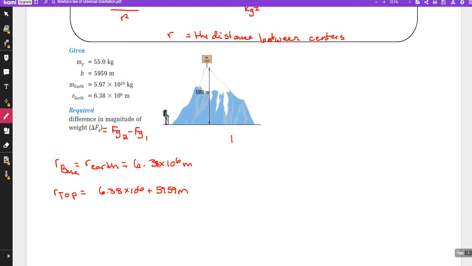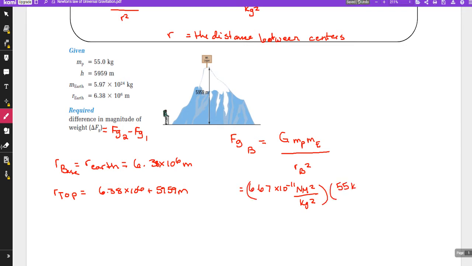let's set this up. We have Fg at the base, which is equal to the gravitational constant, the mass of the person, the mass of the Earth, over r_B squared, which is equal to 6.67 times 10 to the negative 11 newton meters squared per kilogram squared, multiplied by our person, which is 55 kilograms, multiplied by the mass of the Earth.